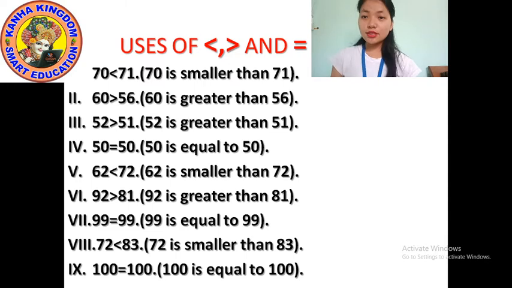Yes, 70 is smaller than 71 because 71 comes just after 70 and 70 comes just before 71. See how I use the symbol of smaller than.